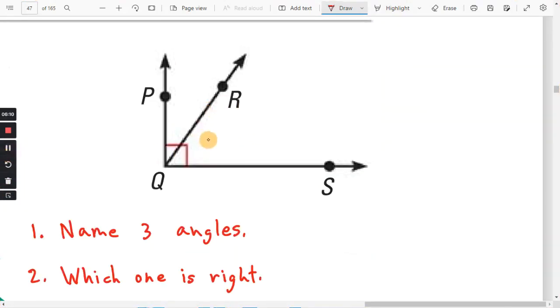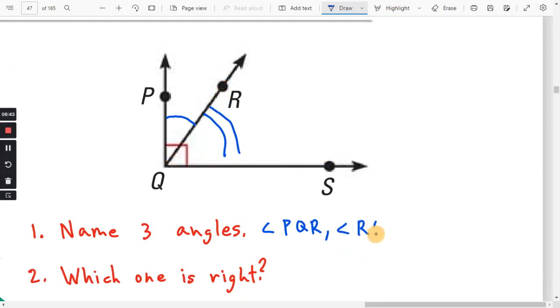Okay, for this one here, I want you to please name 3 angles and then tell me which one is the right angle. Okay, so the one right here, that is going to be PQR. Okay, so that's angle PQR, or you can say RQP. And then the one right here is going to be RQS.